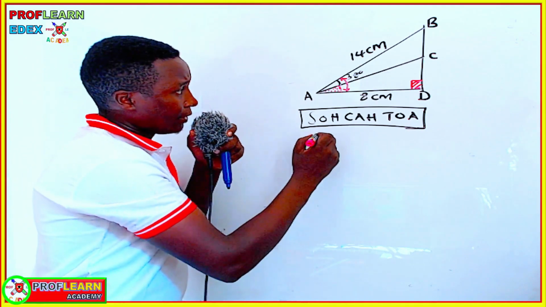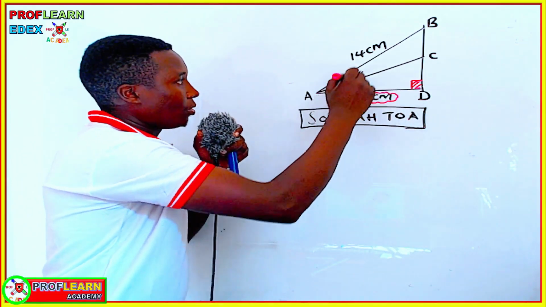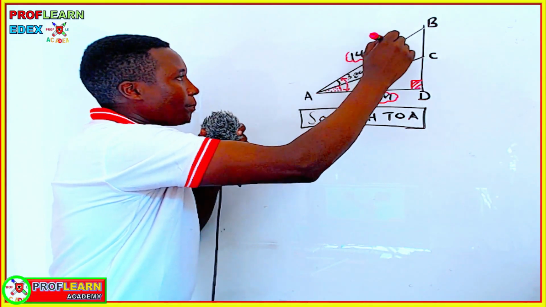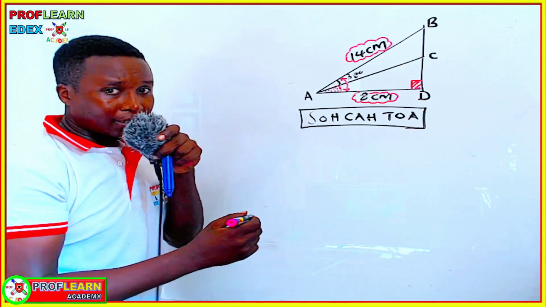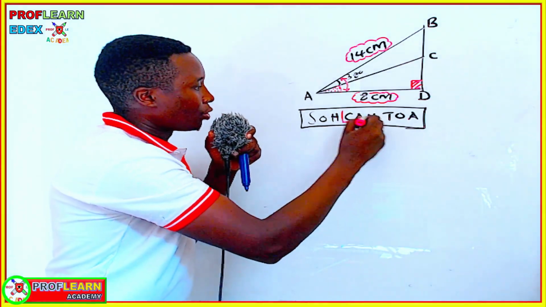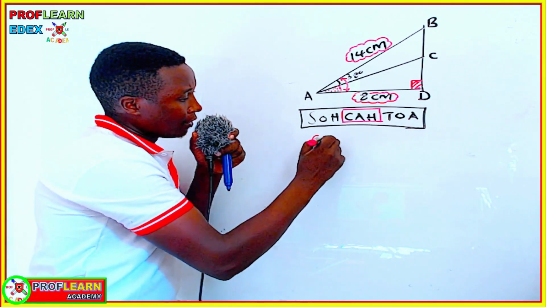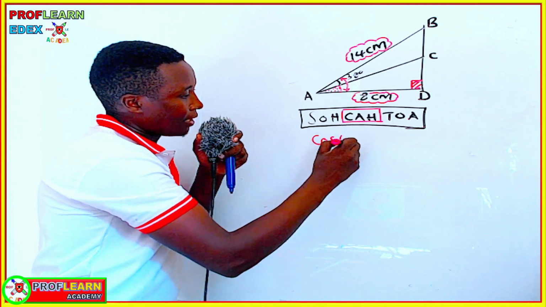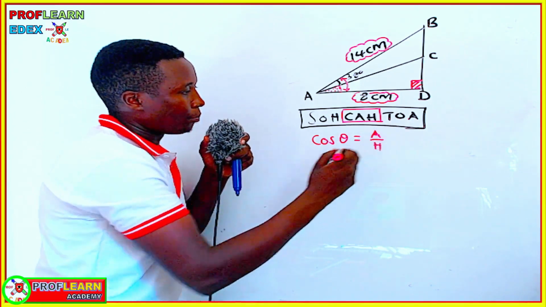So I have the side adjacent to the angle, and also I have the hypotenuse. Which means that I can use which trigonometric ratio? I can use cosine, right? So cos of that angle is adjacent over hypotenuse.